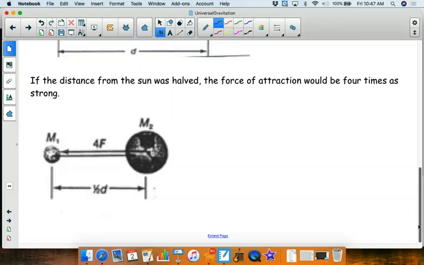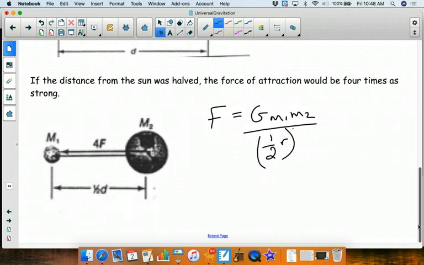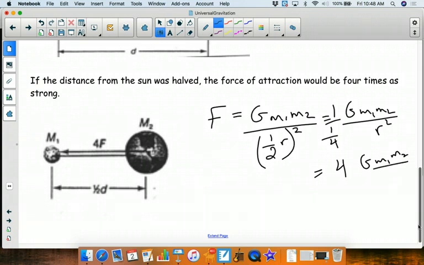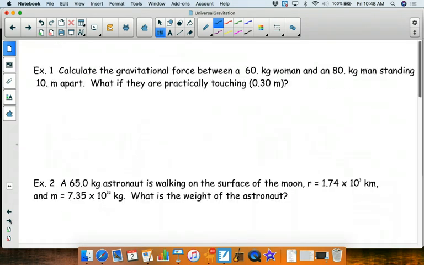Just double check: if you have G m1 m2 over (1/2 r) squared, then we get G m1 m2 over r squared times 1 over 1/4, which is just the same as 4 times G m1 m2 over r squared. So it's 4 times as strong. Okay?